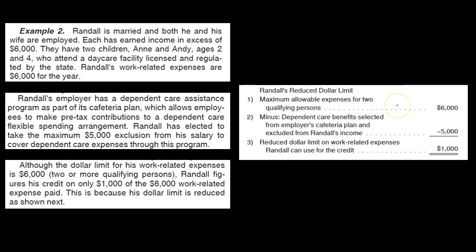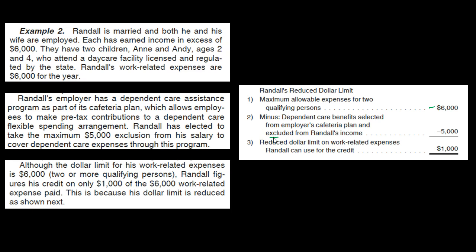So obviously we have the maximum allowed expenses for 2 qualified persons, which typically would be $6,000. That would be our normal limit, minus the dependent care benefits selected from the employer's cafeteria plan and excluded from Randall's income. So again, they were excluded from the income. That's kind of the key point there.